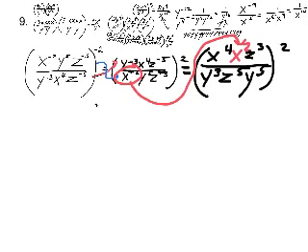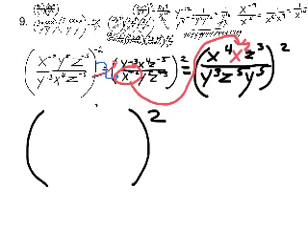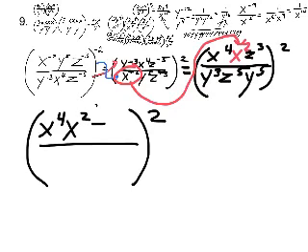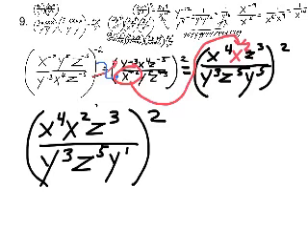Okay, so let me rewrite that mess. This can all still be the second power. So I've got x to the 4th, x to the 2nd power, z to the 3rd power, and that's over y to the 3rd power, z to the 5th power, and y to the 5th power.